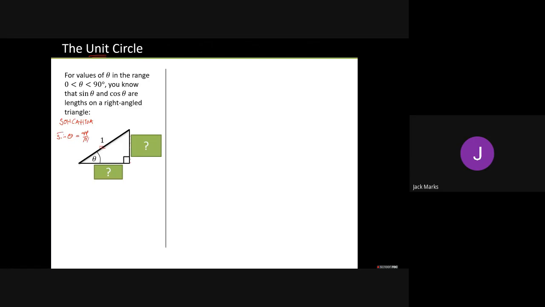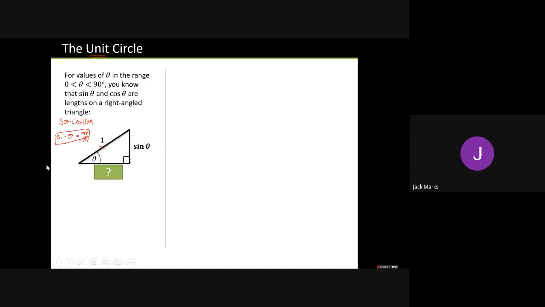So if you look at your equation, you're left with quite an interesting result. The opposite side is actually the same as sine theta. And this will be true anywhere, for any angle, for any way you drag around this circle, because the hypotenuse will always be 1. So the height in the unit circle tells you sine theta.